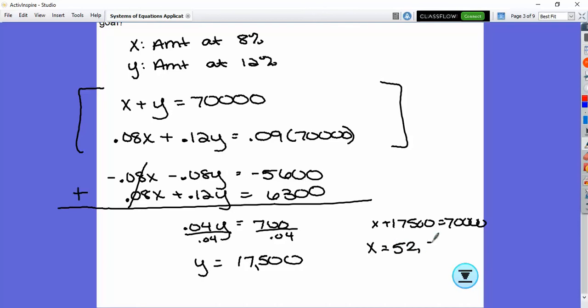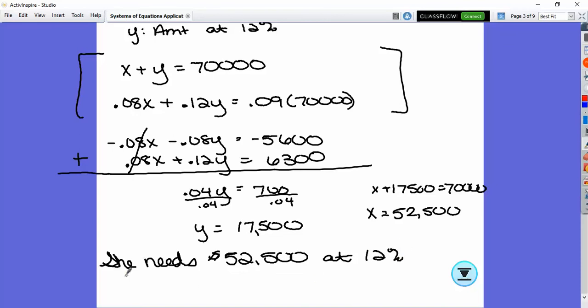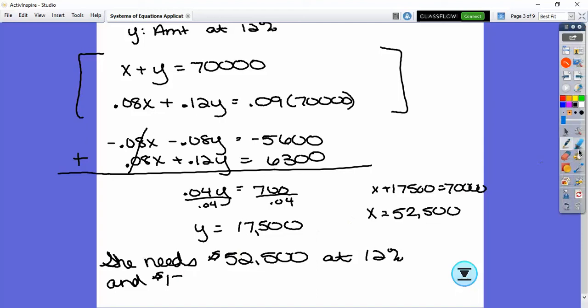So x is 52,500. So if we answer in a sentence, he needs, x was the amount at 12%, so $52,500. At 12%. Why is 8%, thank you.